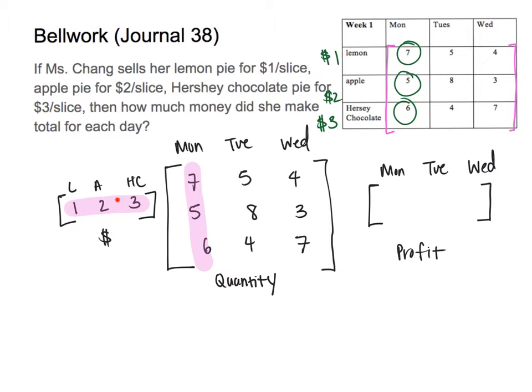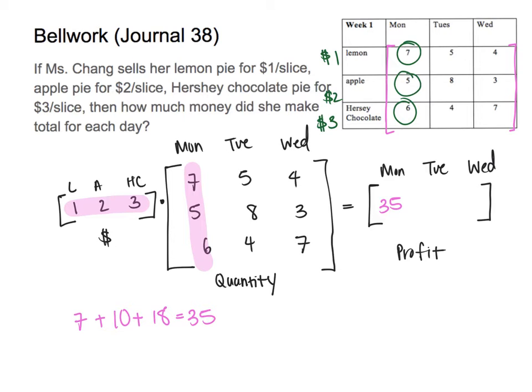In this case, $1 times 7 lemon pies is $7, plus $2 times 5 apple pies is $10, plus $3 times 6 Hershey chocolate pies is, oh sorry, not 20, 18. If I total this up, it looks like this is $35. So I know for Monday I made $35. What I just did there was multiply this matrix to get this profit that I'm going to find. When I find my profit, I'll just put it as a matrix.